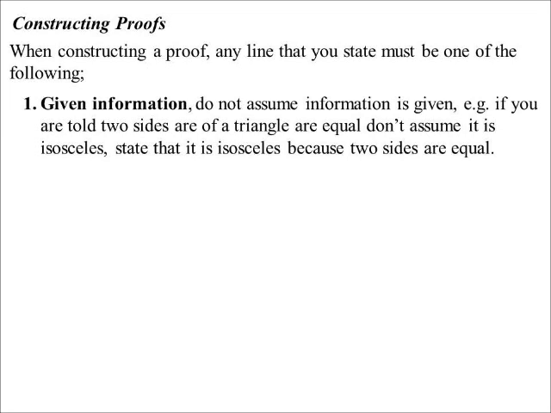So you might have a triangle and they tell you AB is equal to AC. But they have not told you it's isosceles. You have to prove that's isosceles. So you can't just assume it's isosceles, because part of your proof would be, oh, okay, you've told me AB is equal to AC. That was given information. Therefore, this triangle is isosceles. And now I can use facts about isosceles triangles.